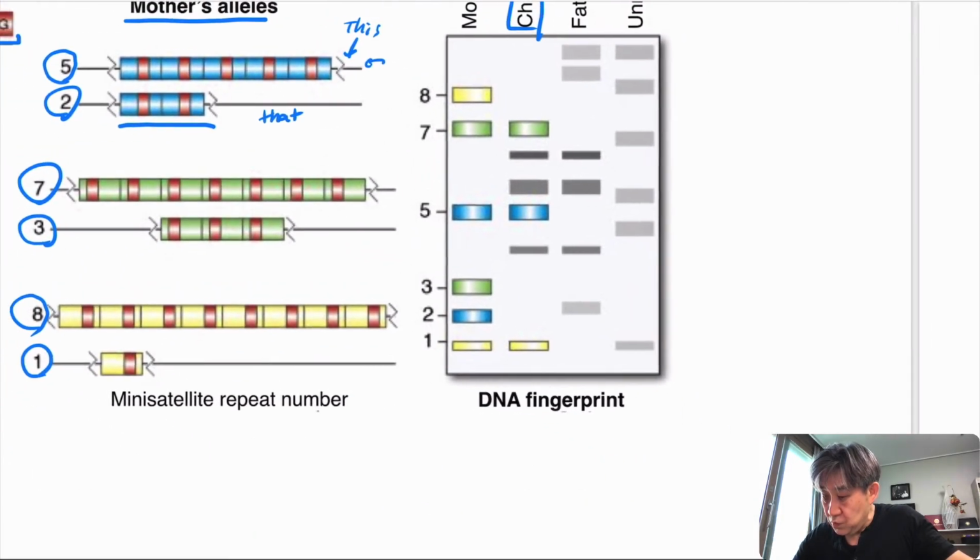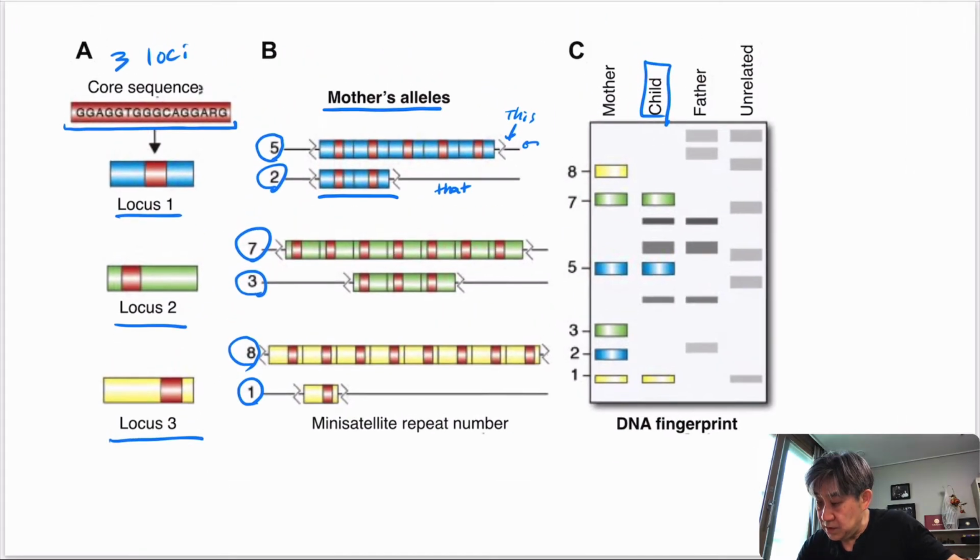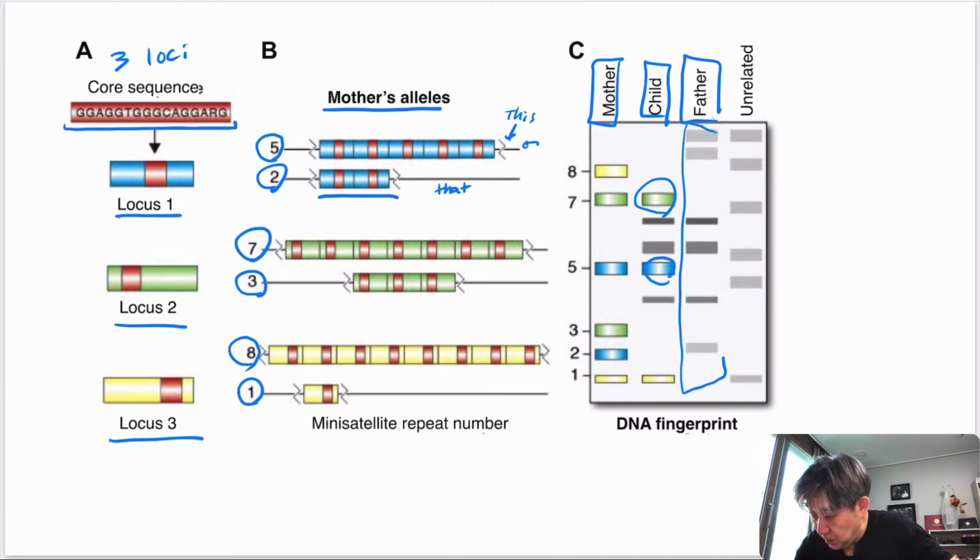So if you compare this DNA fingerprint pattern with the mother, and also father, and this child's pattern, well, exactly, we do not know the pattern of this father because it does not show over here, but at least exactly half of the mother's fingerprint pattern will be present, and another half would come from that of a father.